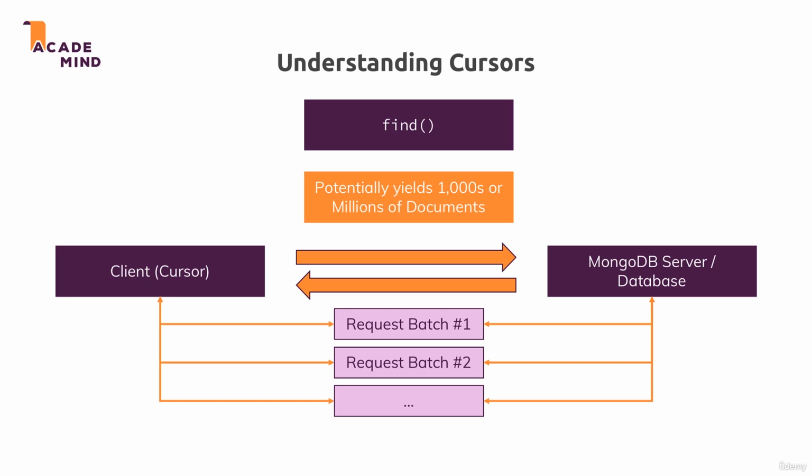If you have a query that meets 1,000 documents, but let's say you have a website where you only display 10 items, let's say 10 products you fetched at a time anyways, then there is no need to load all 1,000 results that matched your query right at the start. Instead, you would only fetch the first 10, display them on the screen, and then go ahead and fetch the next 10 when the user navigated to the next page or anything like that. This is the idea behind a cursor.